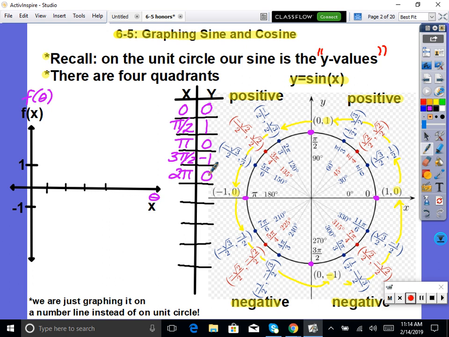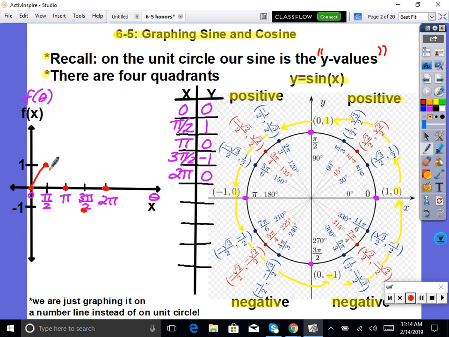So let's just look at graphing that. Here's my x-axis. Here are my x points: 0, pi/2, pi, 3pi/2, 2pi, and then I'm just plotting points. Over 0, 0; over pi/2, up 1; over pi, up 0; over 3pi/2, down 1; over 2pi, up 0.